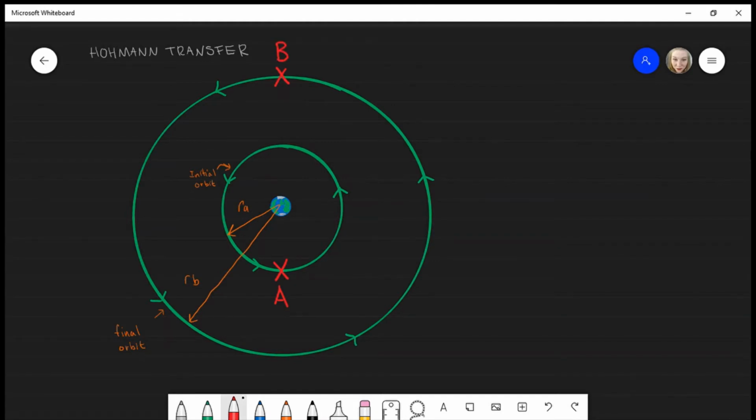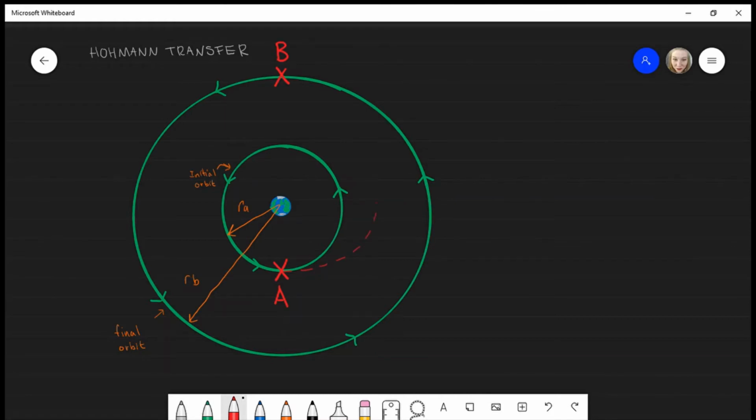In an orbital transfer, we aim to get from an initial orbit to a final orbit. In the Hohmann transfer, we do this by a transfer ellipse, which goes from point A to point B. I'm just going to draw the transfer ellipse in using a red dashed line.